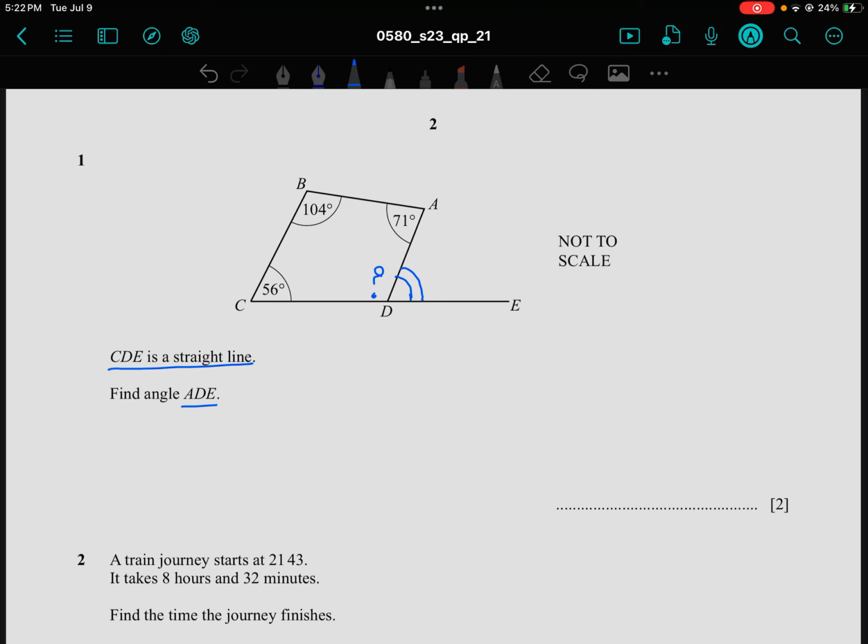So the sum of all the four angles will give me the total of 360 degrees. So writing that angle A plus angle B plus angle C plus angle D makes 360 degrees. Putting the values, 71 degrees plus 104 degrees plus 56 degrees plus angle D, which we have to calculate the inside angle, equals 360 degrees.